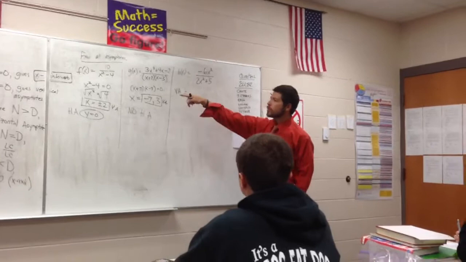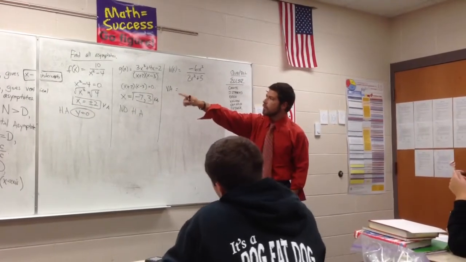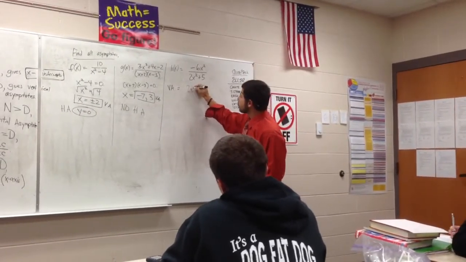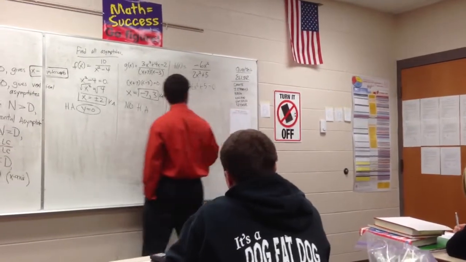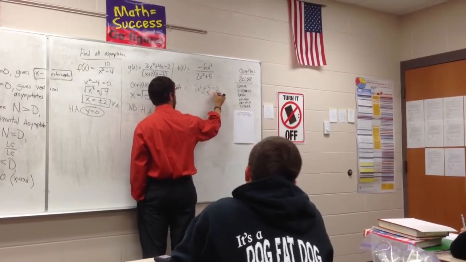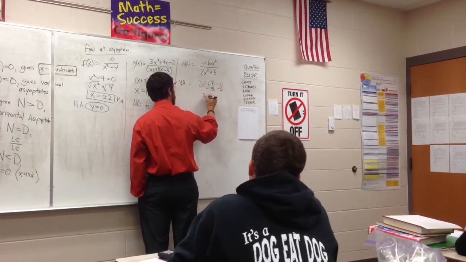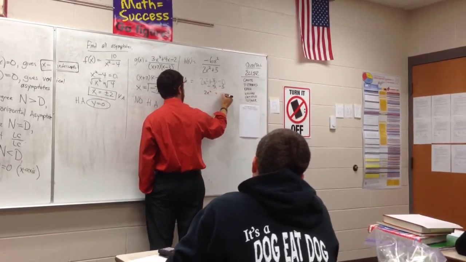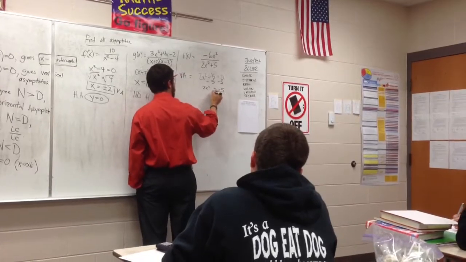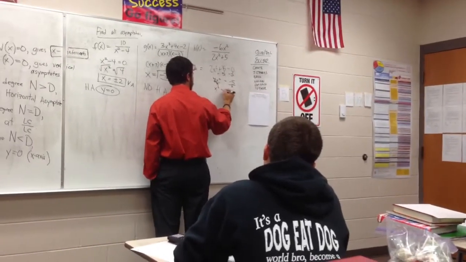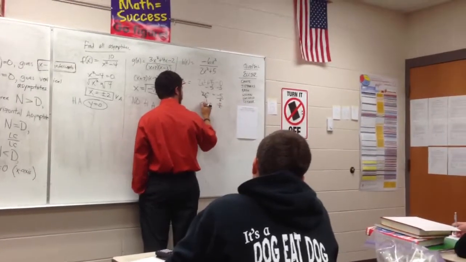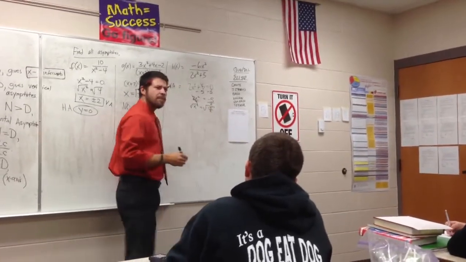My vertical asymptote is found by step number 2, which is setting the bottom equal to 0. 2x squared plus 5 equals 0. Now watch this very closely. When I subtract 5 from both sides, I have 2x squared equals -5. And when I divide by 2 on both sides, I have x squared equals -5/2. But when I take the square root, wouldn't this be imaginary?